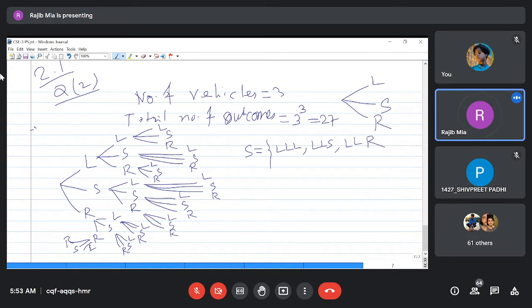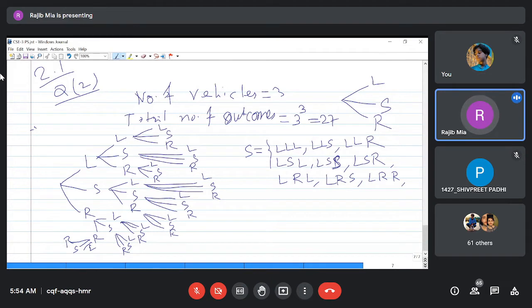Then LSL, LSS, and LSR. Then LRL, LRS, and LRR.